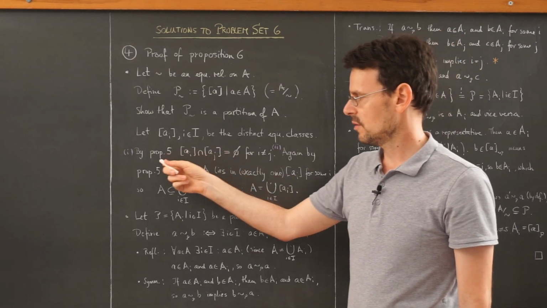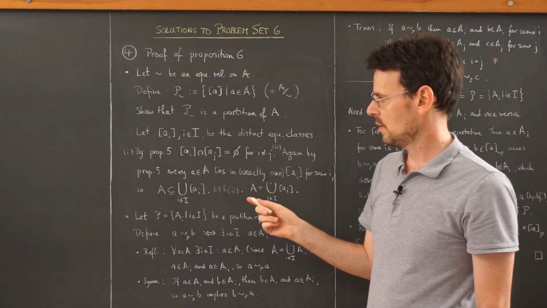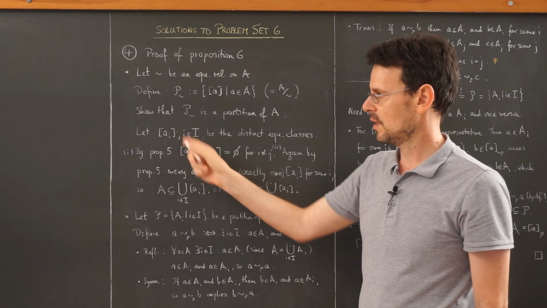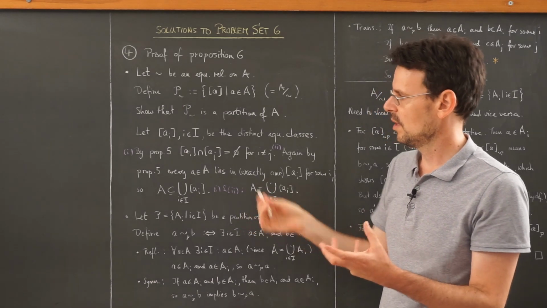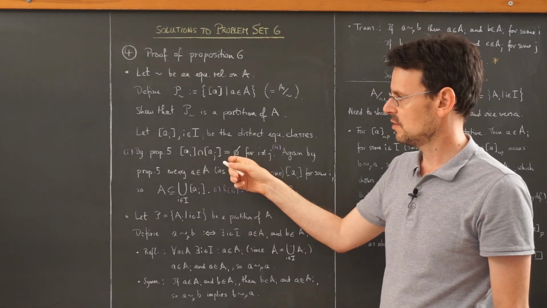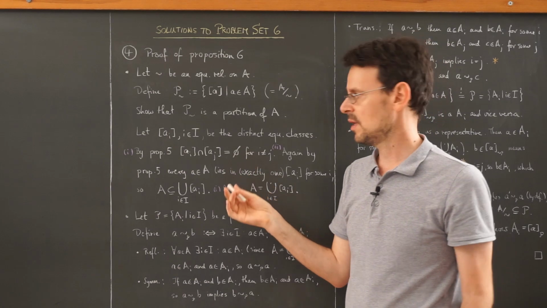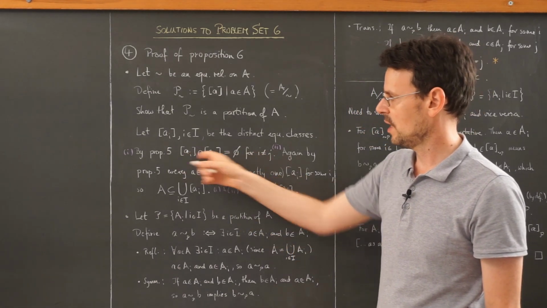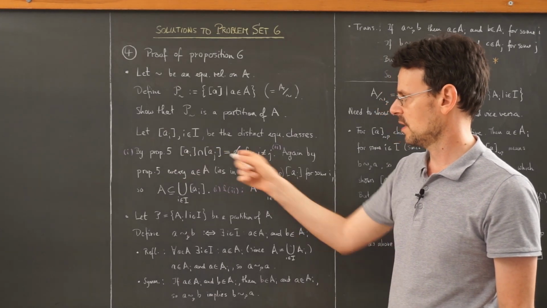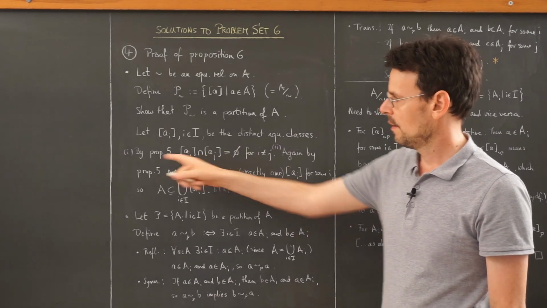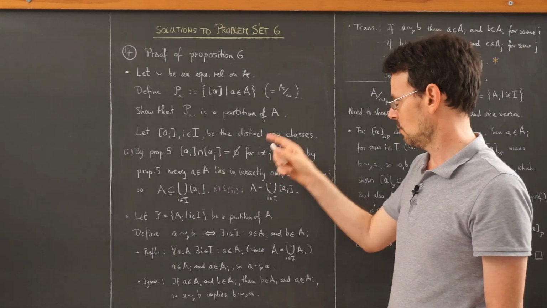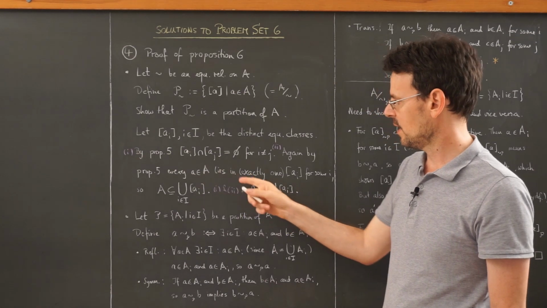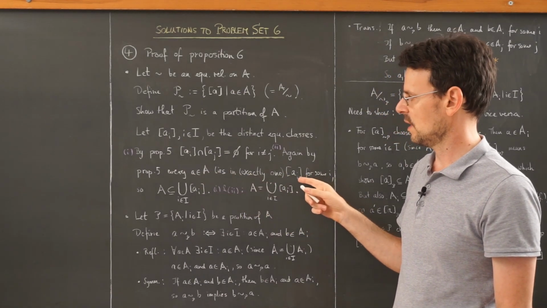So then we simply have to apply proposition 5, because if two equivalence classes are distinct, they are not the same, then they automatically must be disjoint. They can't have any element in common. So if i is not equal to j, those equivalence classes have empty intersection. And again, by proposition 5, every element lies in one of those equivalence classes.